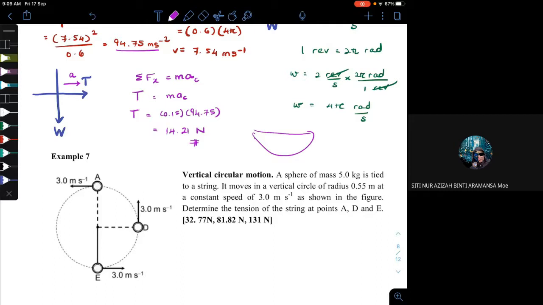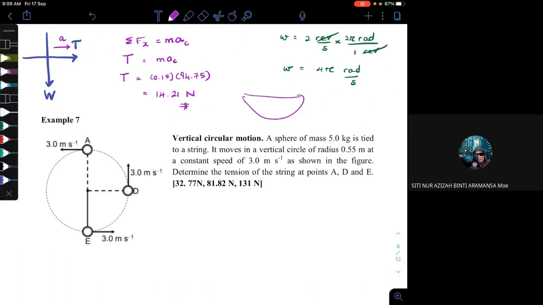So, a sphere of mass 5 kg is tied to a string. So, again, sama je konsep dia. Dia ada ball and then dia tied to a string and then dia pusingkan. Tapi this one dia pusingkan in vertical circular motion. Okay. Maksudnya ada part CY involved lah. Okay, and then dia cakap it moves in a vertical circle of radius 0.55 at a constant speed of 3 ms negative 1. Okay, so dia bagi kita information.